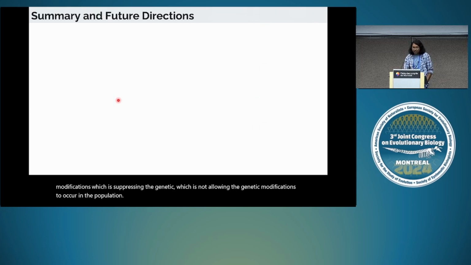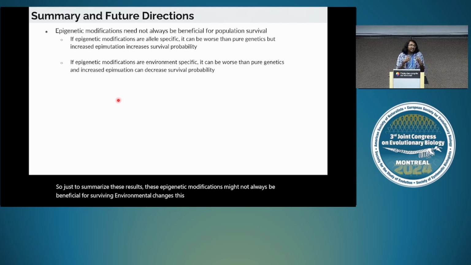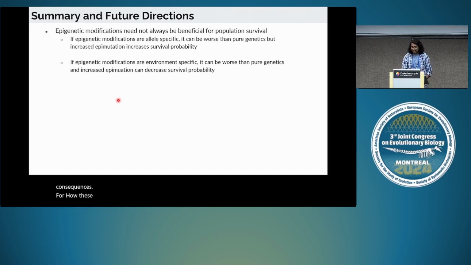So just to summarize these results, these epigenetic modifications might not always be beneficial for surviving environmental changes. This is because mechanistically, these modifications can either be linked because of the underlying genetics, or because these mechanisms are altering the genome-wide modification rates, and these can have consequences for how populations respond to environmental changes.